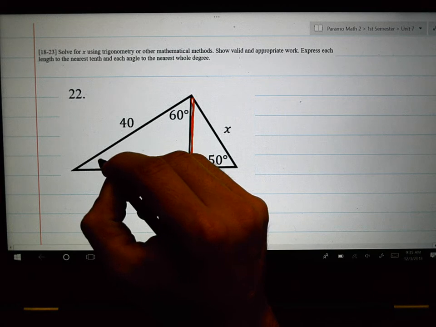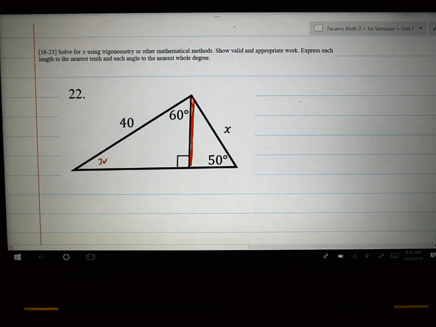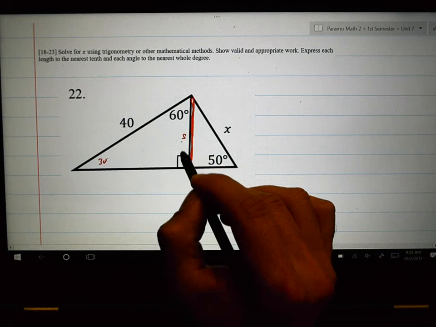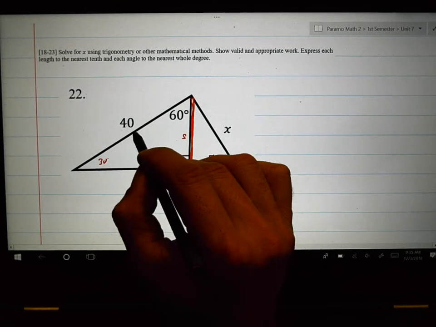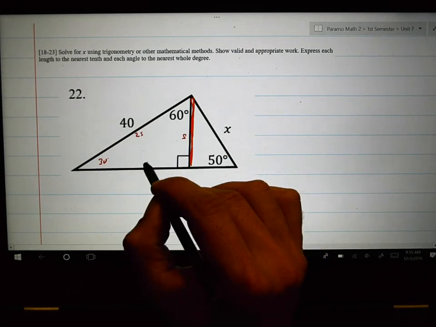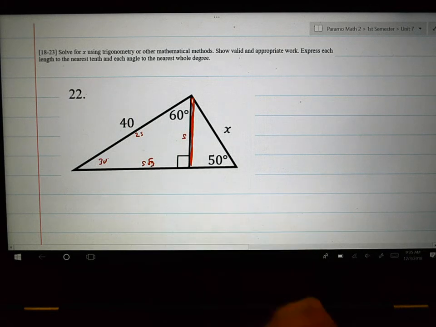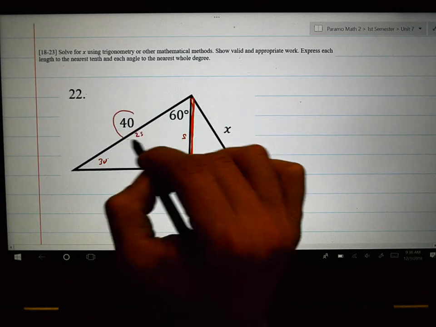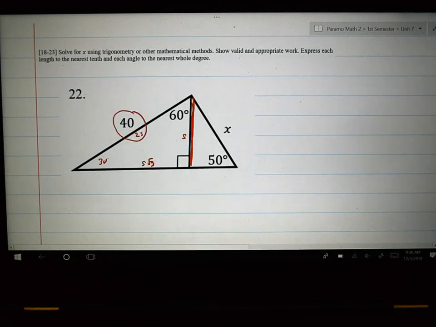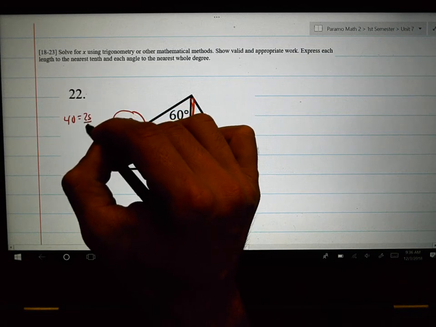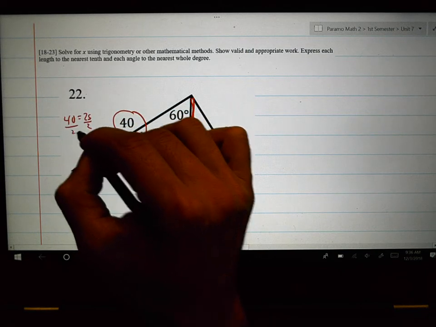This is a 30, 60, 90 degree triangle. Across from the 30 is S. Across from the 90 is 2S. Across from the 60 is S root 3. I start off with that. And then what I do is, since 40 is equal to 2S, that S has to be equal to 20.